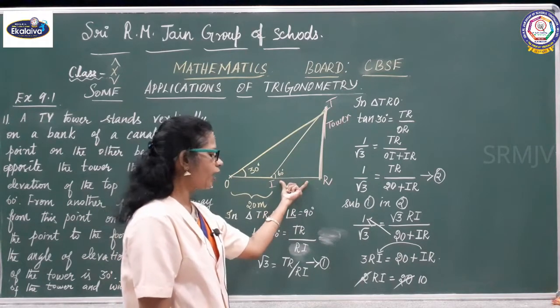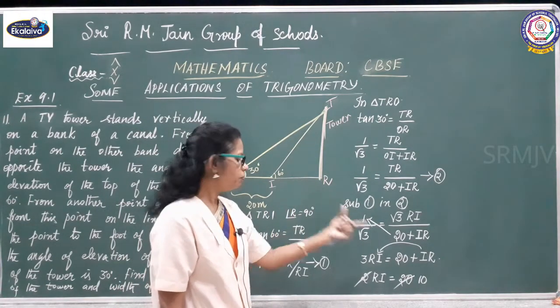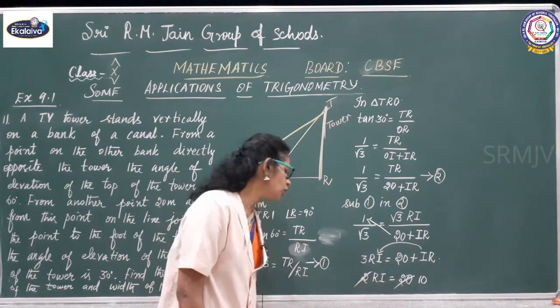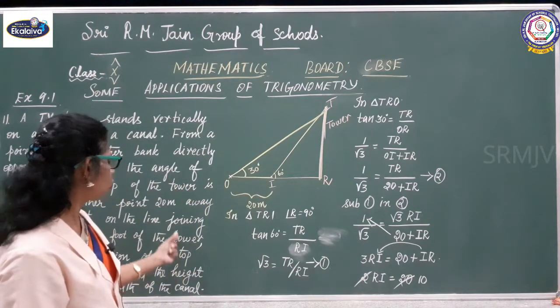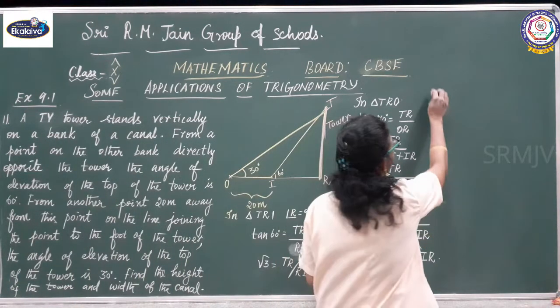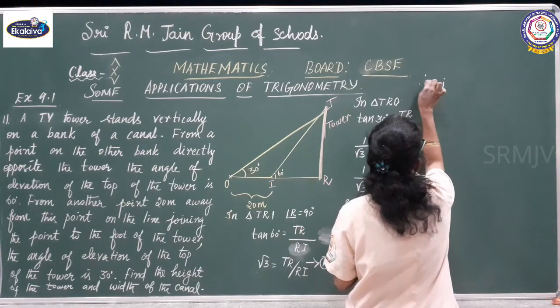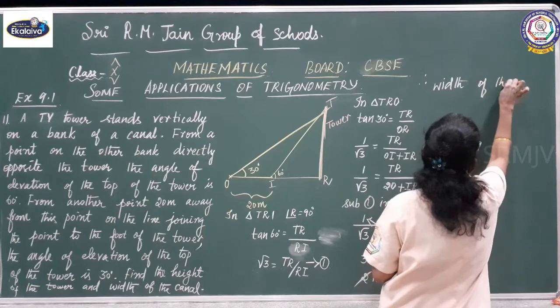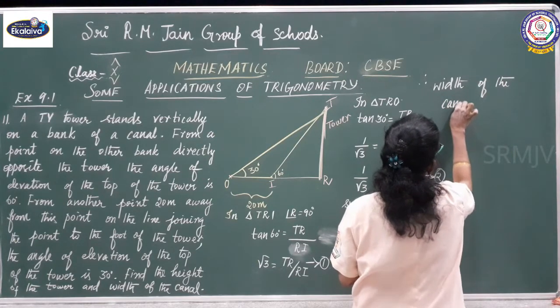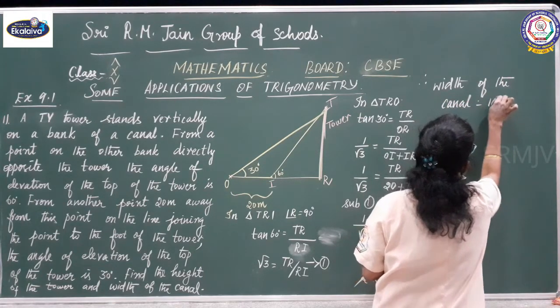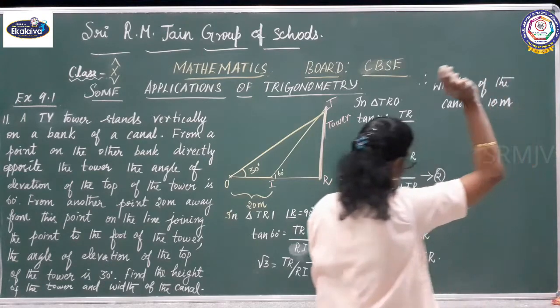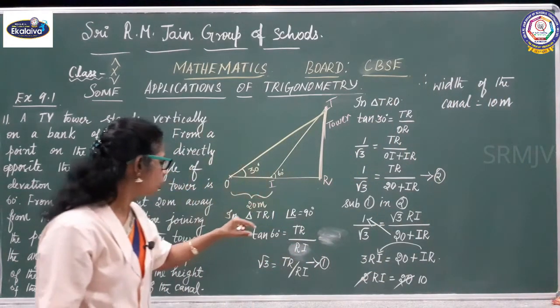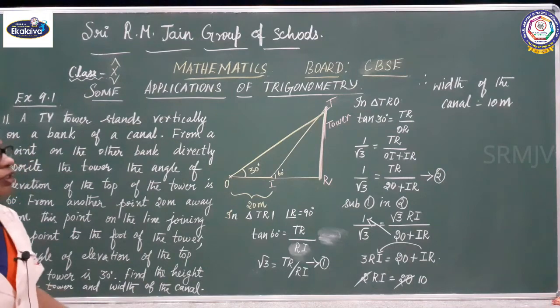The width of the canal is what? 10 meter. 2 tens are 20. Width of the canal is 10 meter, right? Therefore, width of the canal equal to 10 meter. Then one more thing they are asking to find, that is height of the tower.